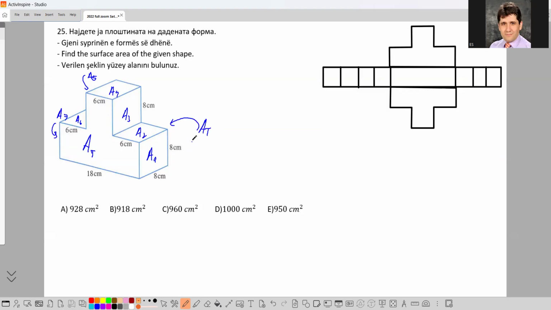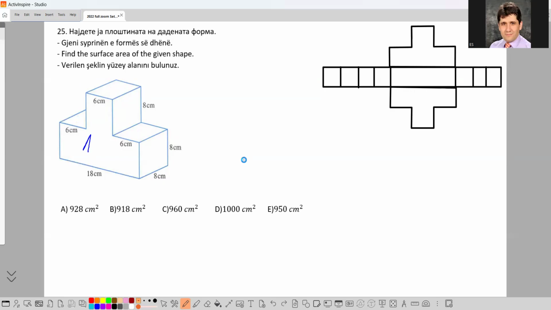We can solve it in many different ways, but if you unwrap it, this will be easier. The method that I just described will take longer to find all areas one by one.